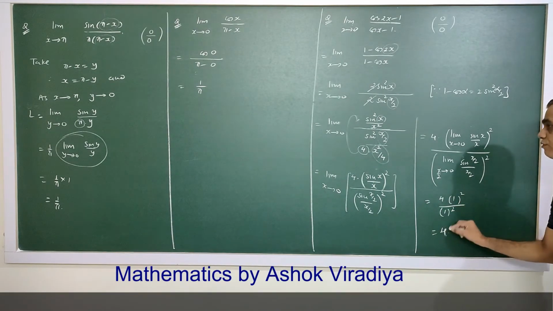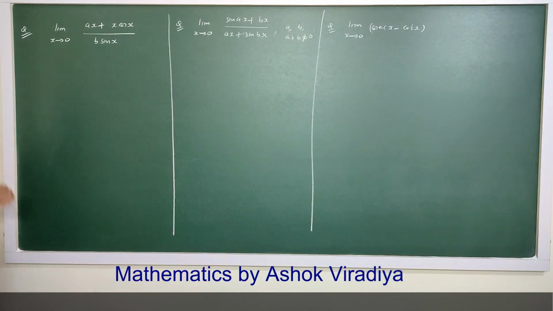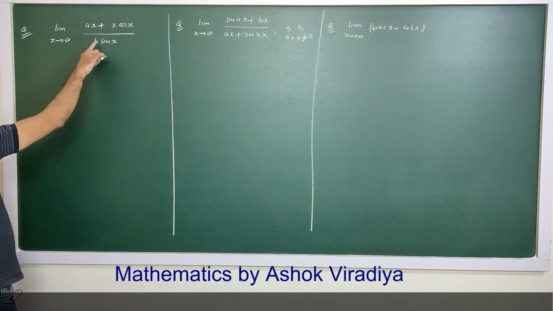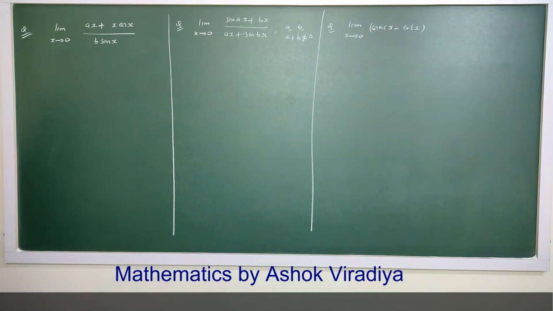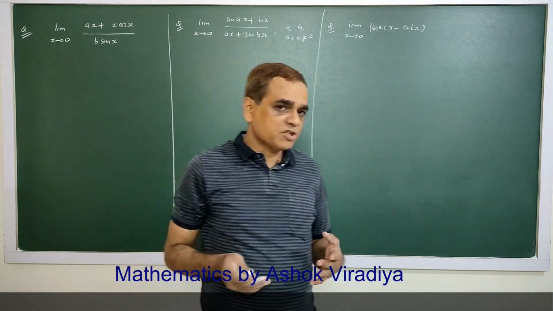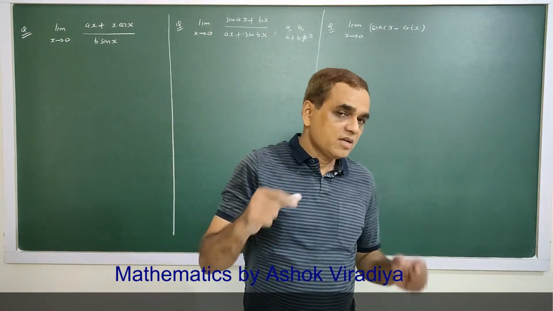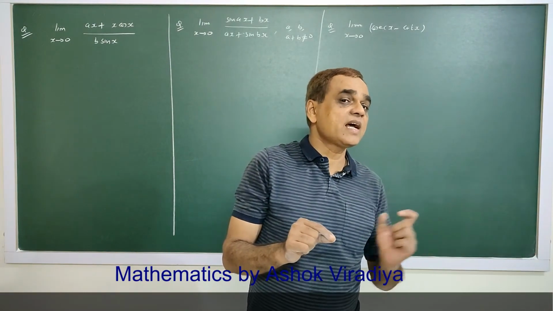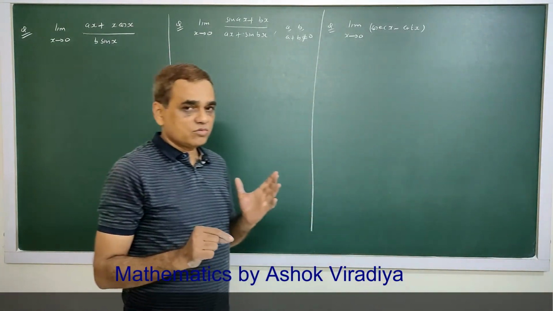So the limit is 4. Next: limit of ax plus x into cos x upon b sin x. In trigonometry, a very useful and most important result which we are using here is that limit of sin x upon x is 1 as x tends to 0.